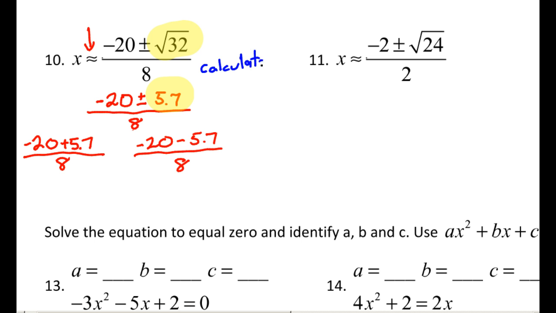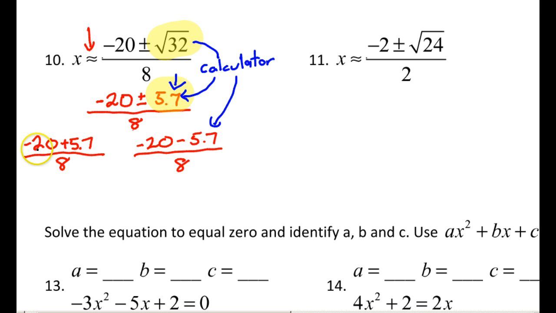Calculator. Go from here to here. And then I also highly suggest using a calculator for those as well. Because you're not going to be able to really do negative 20 minus 5.7 and then divide that by 8 really easily. Use a calculator and get your two numbers. Round them to the nearest tenth, so one decimal place.